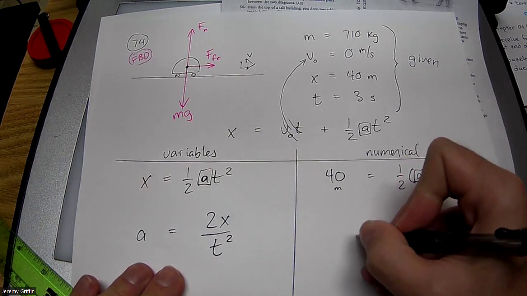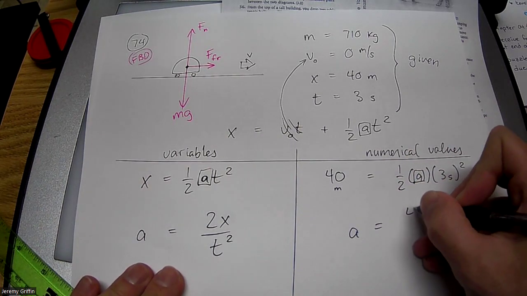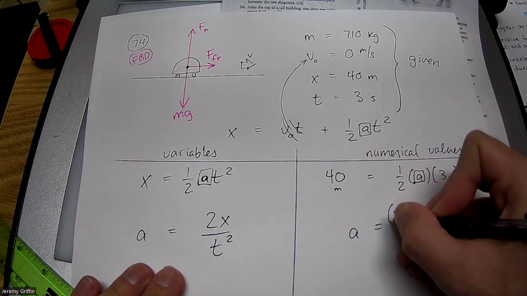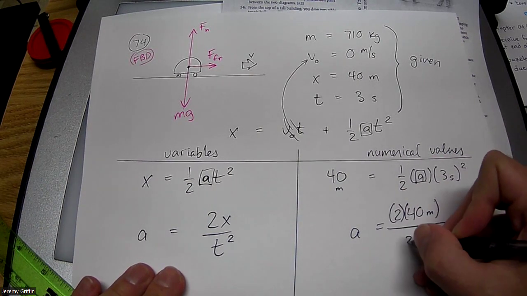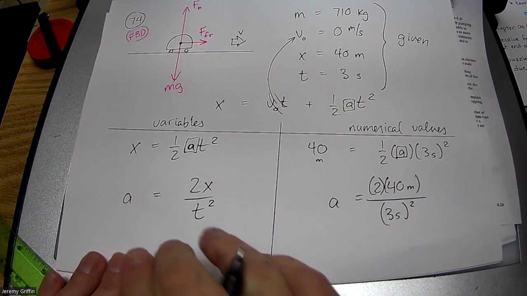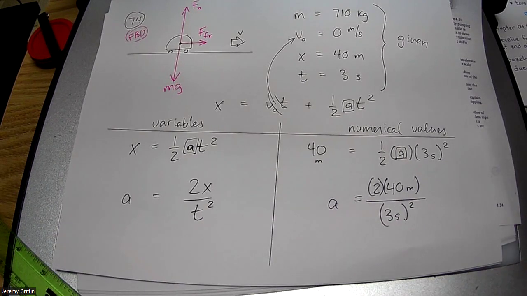So acceleration would be 40 meters times this 2, all divided by 3 seconds being squared. Is that right? There's variables. There it is with the numbers plugged in.